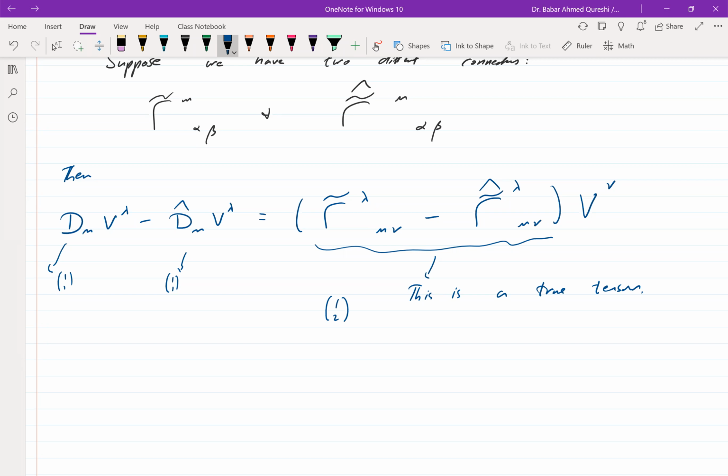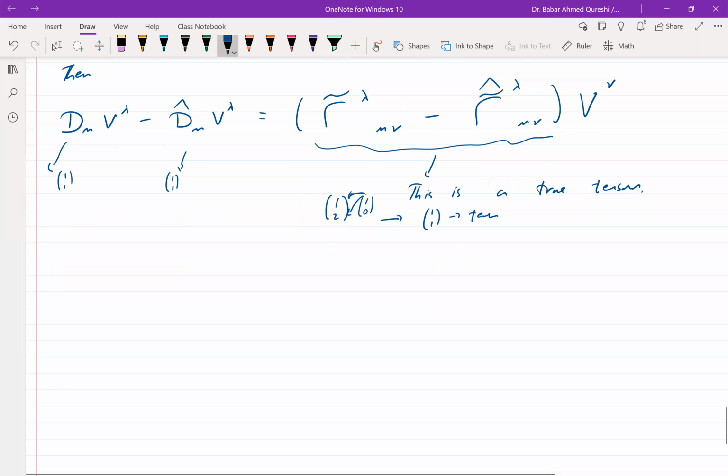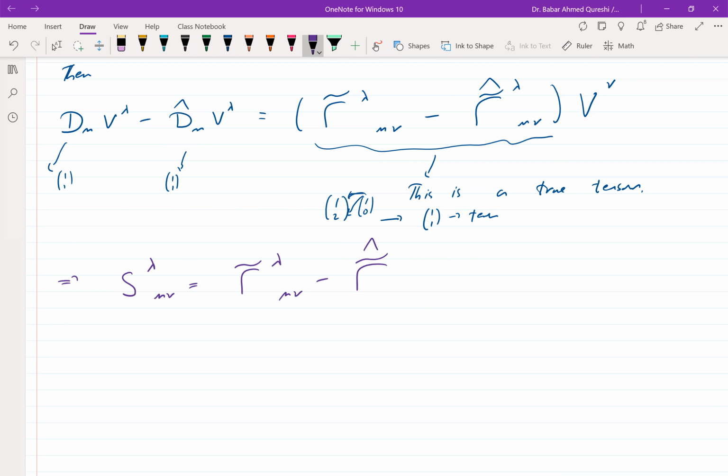So if I'm giving it a 1-0 tensor, this 1 is eaten up by one index over here to give you a 1-1 tensor. So this means I can define this guy, this will be a true tensor.